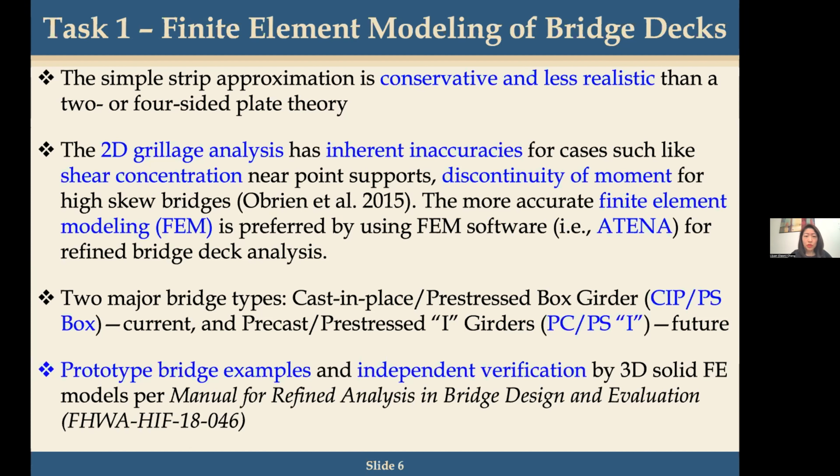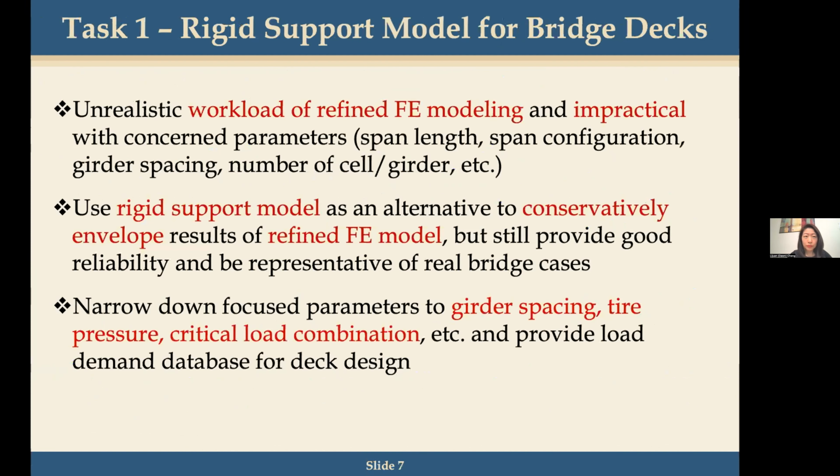The type of bridge we're considering is the cast-in-place prestressed box girder type, which is our current focus. We also plan to extend this to the precast prestressed I-girder case. The prototype bridge examples are selected from the existing Caltrans bridge example database, and we also have some independent verification planned in the future using other guidelines or manuals.